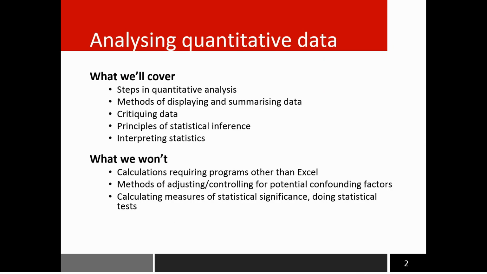In this block, we'll take you through the steps that you need to take when analysing a quantitative data set. We'll look at different approaches to displaying and summarising your data, and how you might take a critical approach to your data. We'll also introduce some principles of statistical inference.